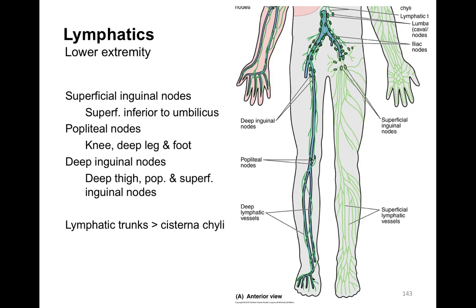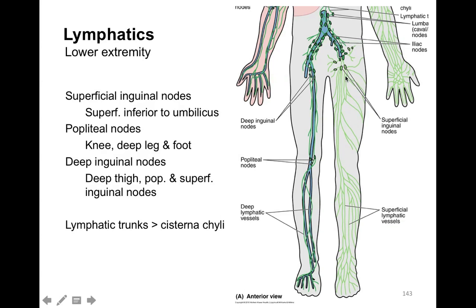A quick review of the lymphatics of the lower extremity can be found in Moore's Clinically Oriented Anatomy, and in this image from that book we find a separation of the lymph into either a deep lymphatic return or a superficial lymphatic return.